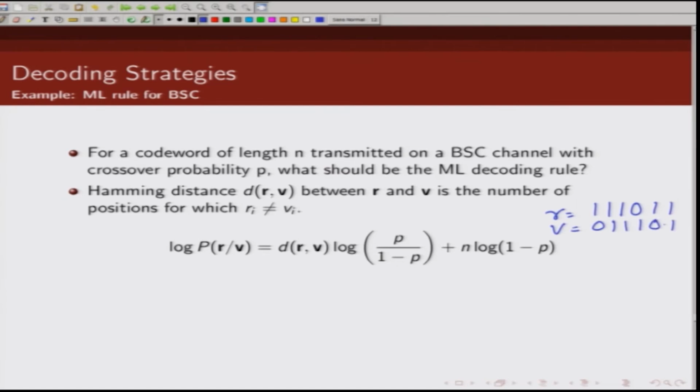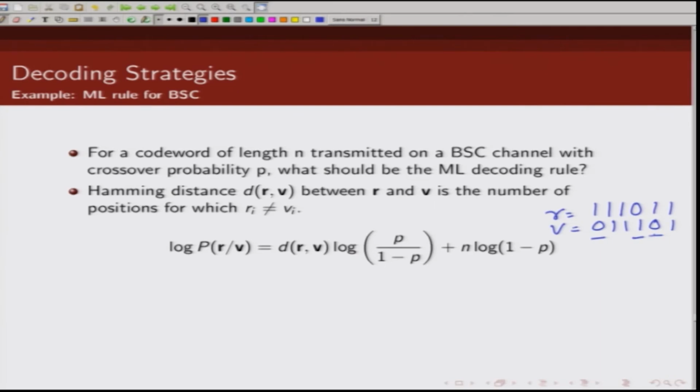It differs in the first location, that is 1, it is not differing here, not differing here, it differs here, that is 2, it differs in this location, that is 3, and it is not differing in this location. So, R and V differ in 3 locations, and the Hamming distance between R and V is 3 in this case.